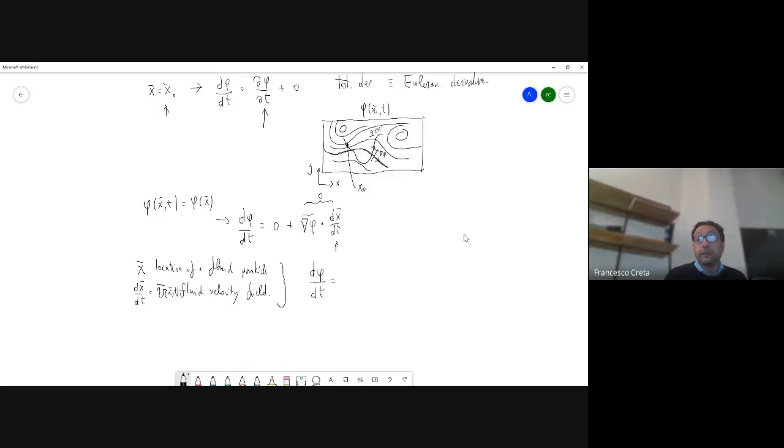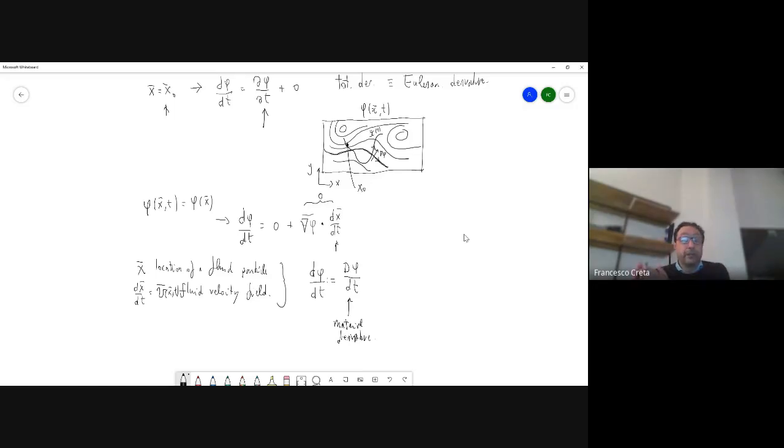Now I'm going to give you a definition here. Because we're talking about fluids, I want to remind myself that I'm talking about a fluid, so I will use this notation here. The total derivative becomes what I call a material derivative. We call it here material. What does that mean? Well, the total derivative is essentially a general definition. It could be of any scalar field, in any circumstance.